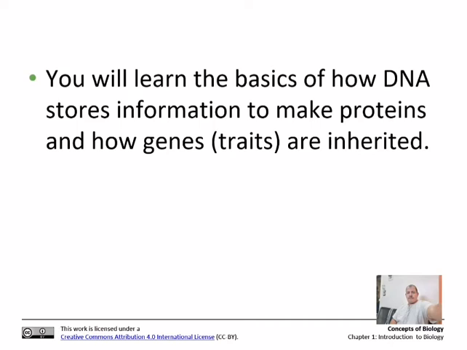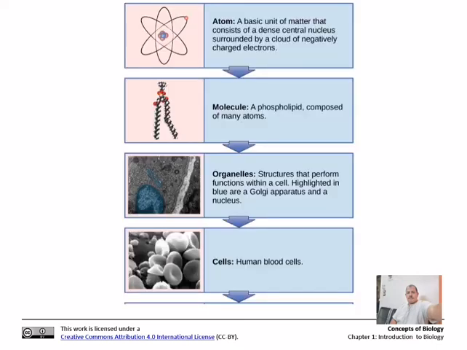Highlighted in blue are the Golgi apparatus and nucleus. So we can see the blue part, which is the Golgi apparatus. Next, human blood cells. Tissues, human skin tissue, which appears in red and white.